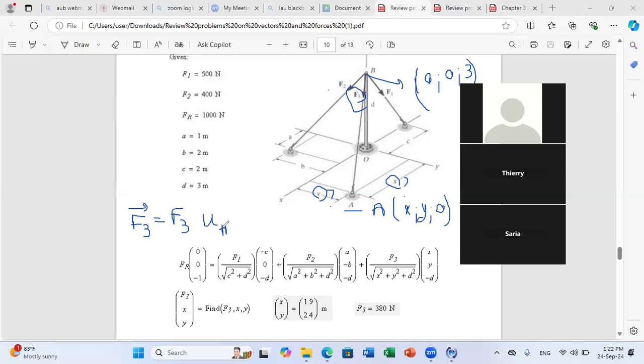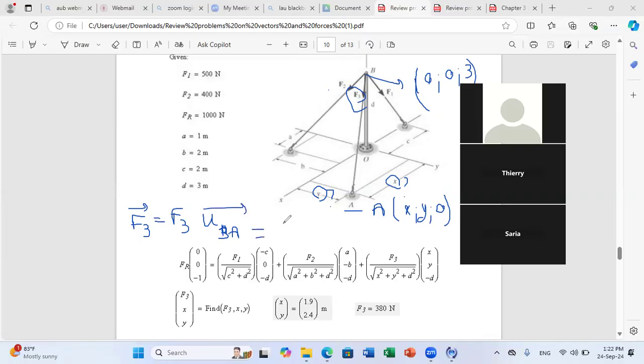Now it's a function of X and Y. Why do we start from the third component? Because when you write your vector BA, let us write it.